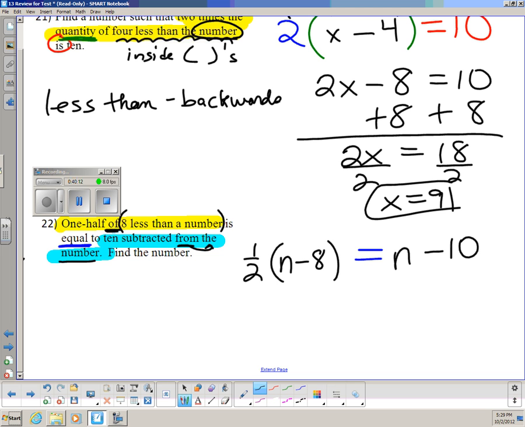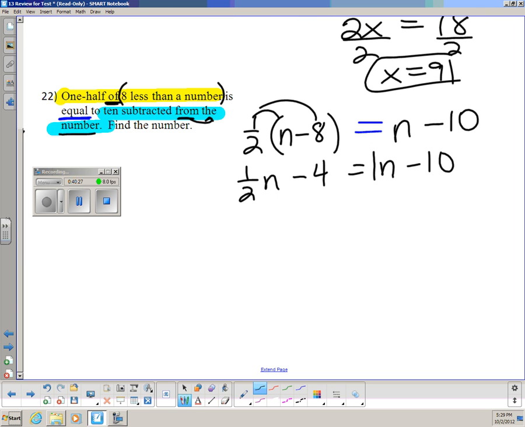So number 22, I will distribute. 1/2 times n is 1/2 n. 1/2 times negative 8, if you do that on your calculator, I suggest you do, is negative 4 equals n minus 10. And this is really 1n minus 10. Now I have to move my numbers to one side and my letters to the other. I will subtract the 1/2 n, and so I'll make this the letter side.